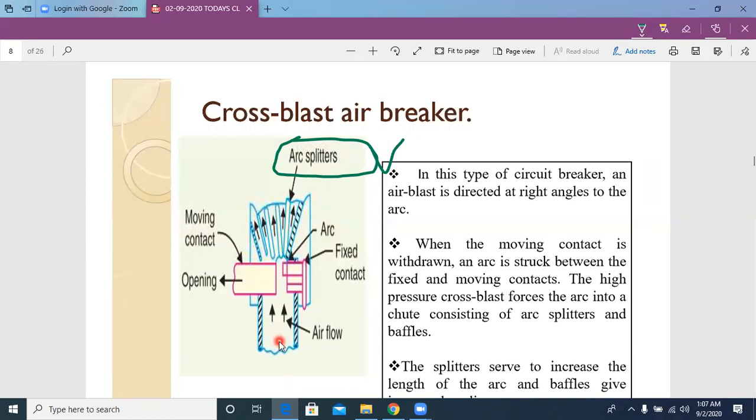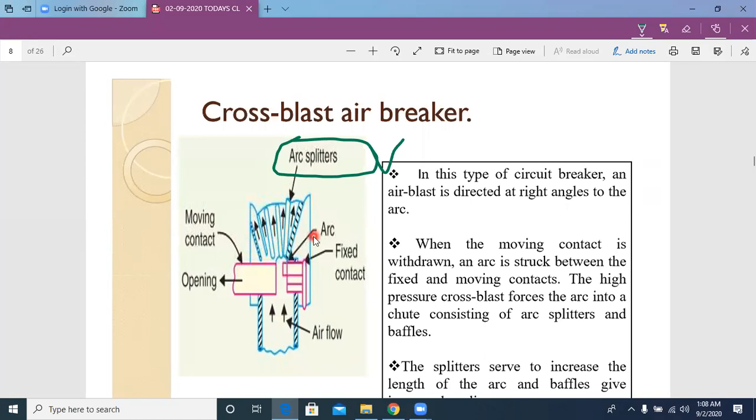It comes from the reservoir and is maintained at a pressure of 20 to 30 kg per centimeter square. When the arc is initiated between the contacts, at the same time the air reservoir valve is open, and due to that air flows to the arc path. When the air flows to the arc path, due to that force the arc is struck between the splitters.